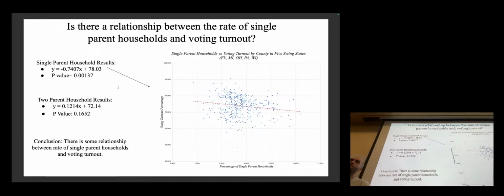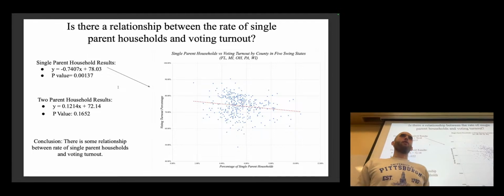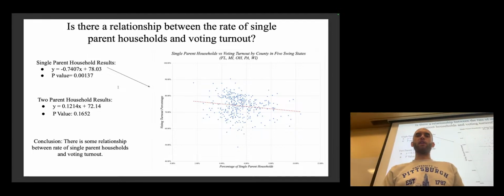Because I would either have to take my child to the polls, or I would have to hire someone to look after my child while I was voting. So it's harder for a single parent than a two-parent household to vote. So we'd expect voting to be lower in areas with higher rates of single-parent households.